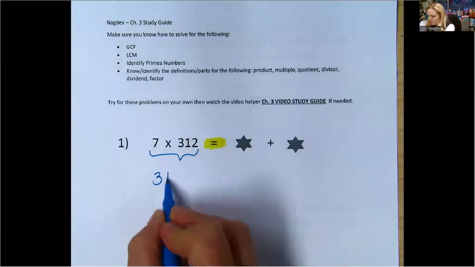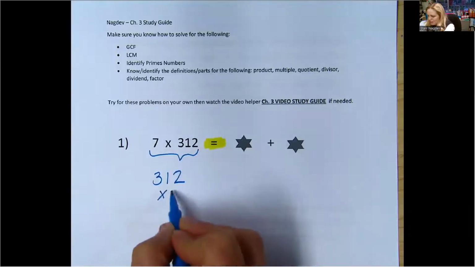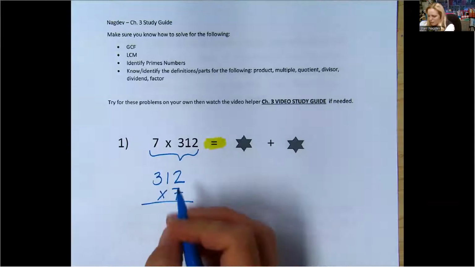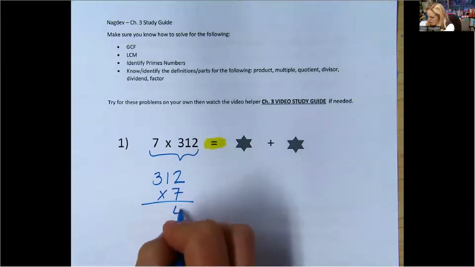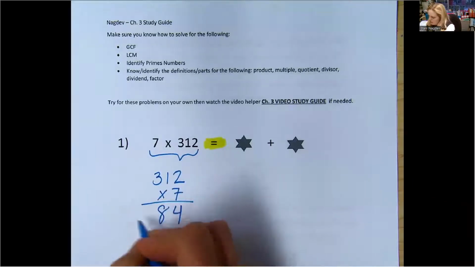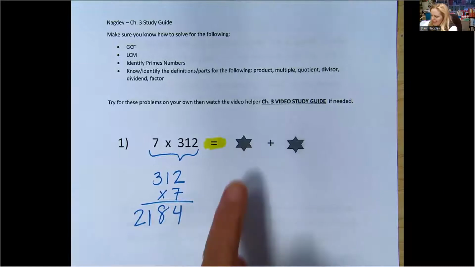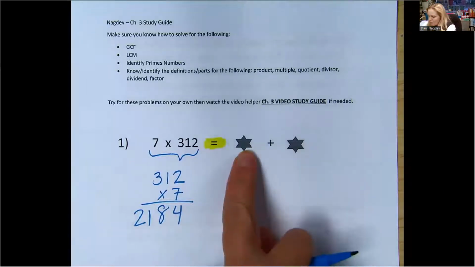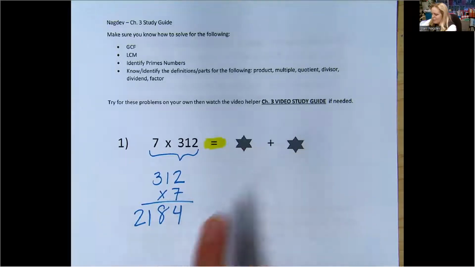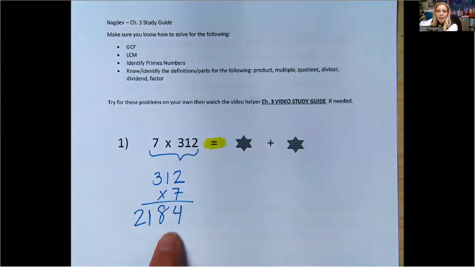And we know we can do 312 times 7 because it's got all the information there that we need. And that is 2,184. So now I know that this side, this symbol plus this symbol, has to equal 2,184.